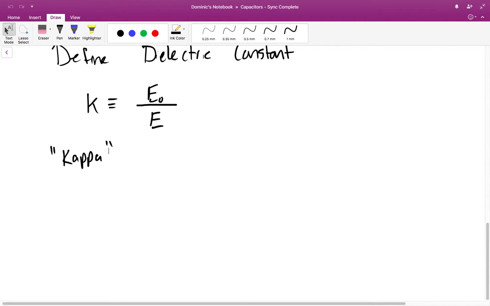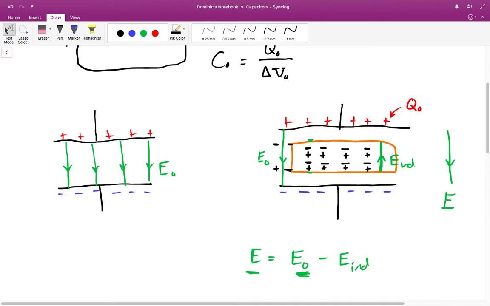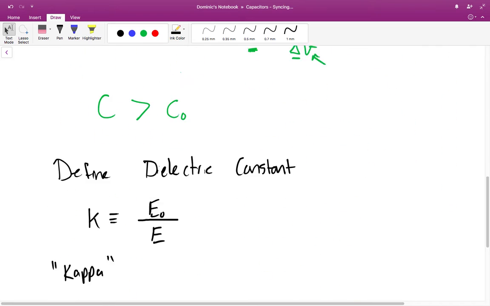Okay, and so if we define kappa as the original electric field divided by the new electric field, then the new potential of the capacitor, delta V, we can also relate to kappa. The new electric potential is equal to the new electric field times the distance between the plates. That doesn't change, because we didn't separate the plates, so this would be d.